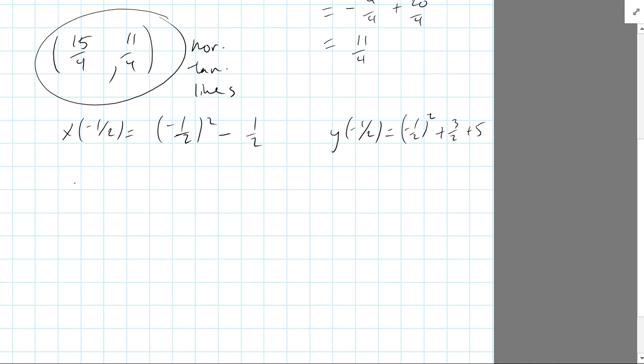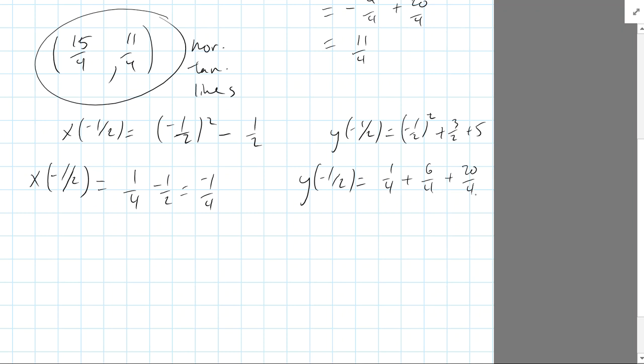So if I keep going with the x's, this is going to be 1/4 minus 1/2, which is -1/4, right? This one, y at -1/2, is going to be 1/4 plus 3/2, which is 6/4 plus 20/4, right?